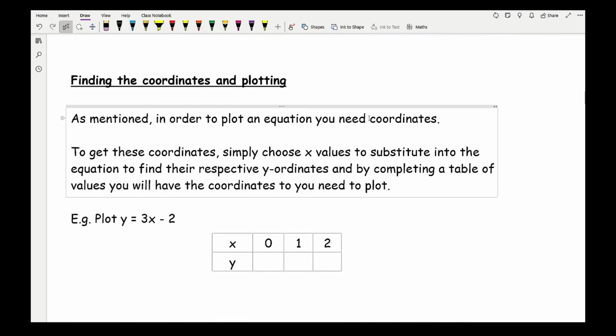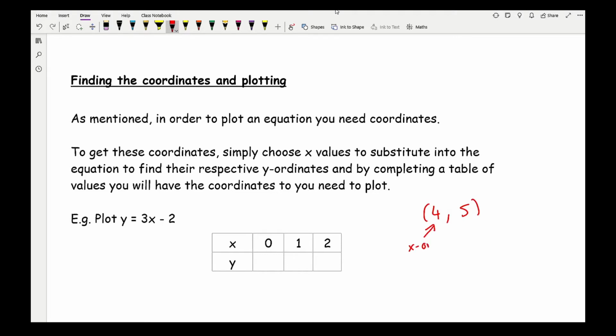So, finding the coordinates and plotting. As mentioned, in order to plot an equation, you need coordinates. So to get these coordinates, all you need to do is simply choose x values to substitute into the equation to find the respective y ordinates. Now, ordinates is just the y values of the coordinates. So for example, if I had 4, 5, then 4 is my x ordinate and 5 is my y ordinate.